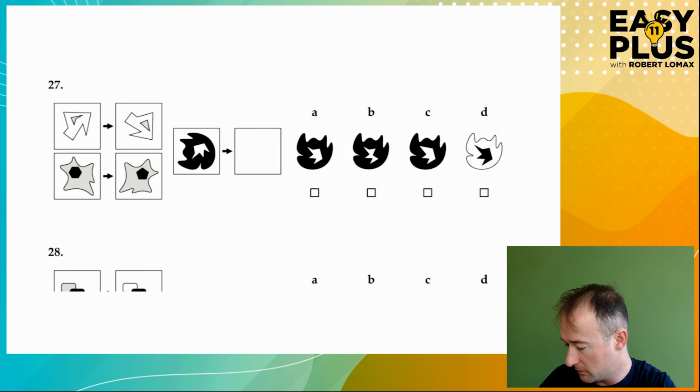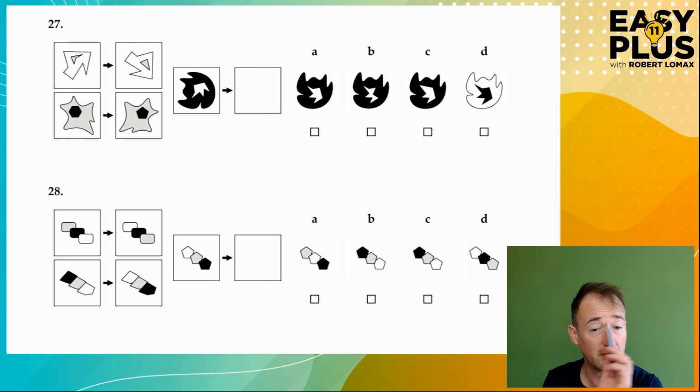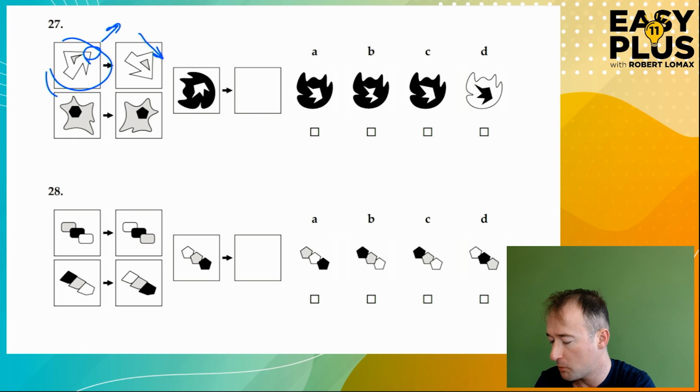Right, onwards. 27. Oh, interesting. Okay, so what can we see about these figures? I just start looking. Let's just think about the outer figure. I don't try and do everything at once. The outer figure here, 27, I can see it's a bit like an arrow pointing that way. And then I look at this one, and yes, it's the same arrow pointing that way.